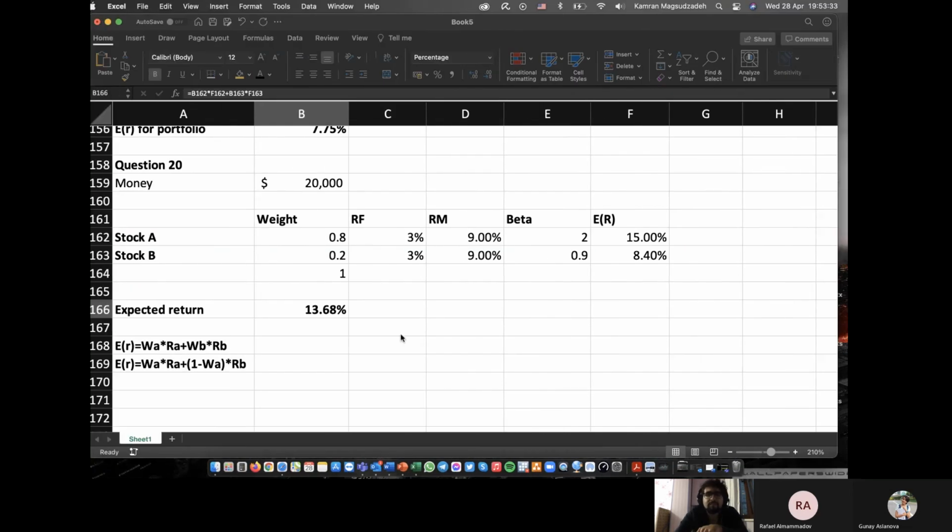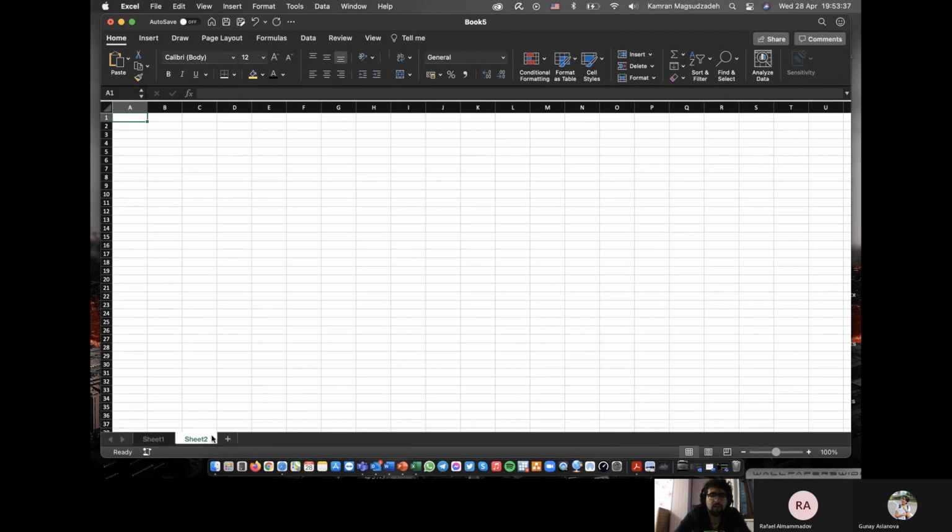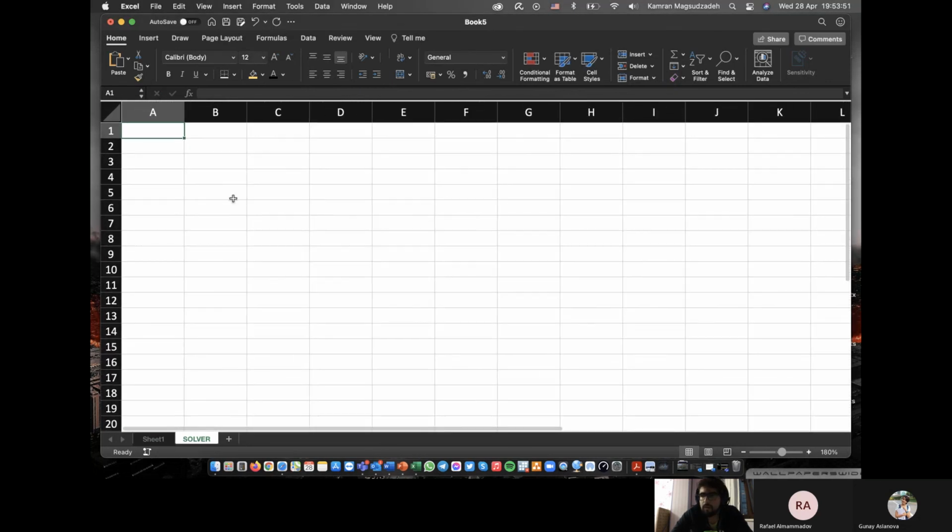Gəlin sizə bir şey də göstərim. Solverin tətbiqinə aid. Solver. For example, we have stock A, we have stock B, we have stock C, we have stock D, we have S&P 500, and we have risk-free asset.